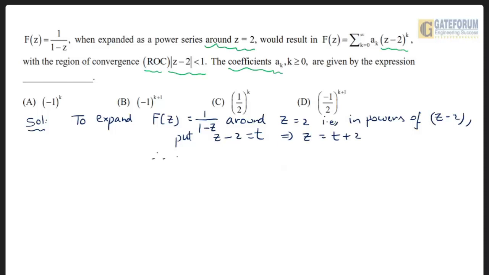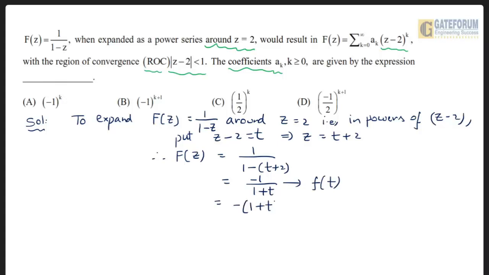Therefore, your capital F of z is now 1 by 1 minus of t plus 2, which is nothing but 1 divided by minus t minus 1. Take out minus common. This can be written as minus 1 by 1 plus t, which is denoted by some small f of t function. It is a new function now. Now shift this denominator to the numerator, it will become minus of 1 plus t whole power minus 1.